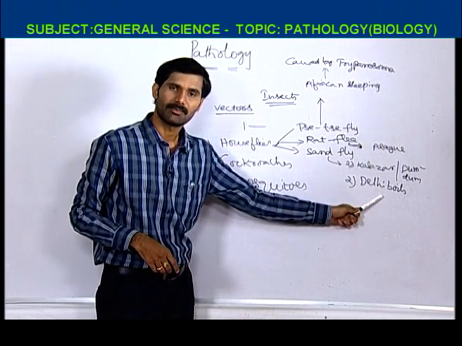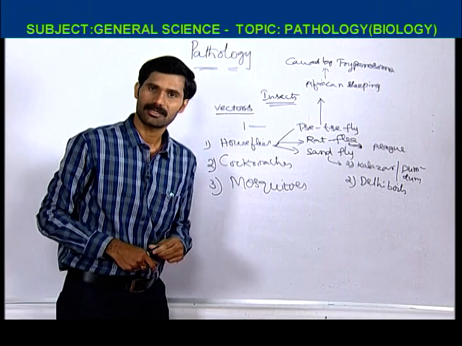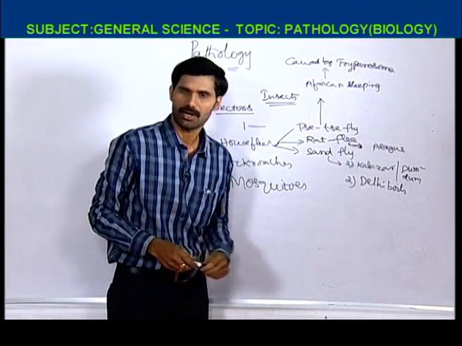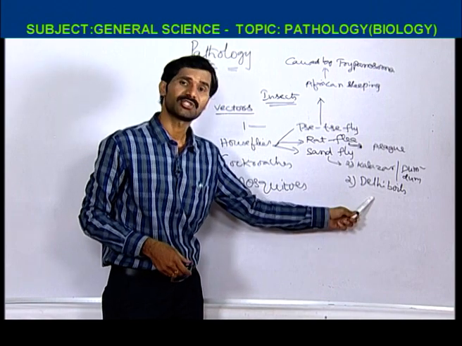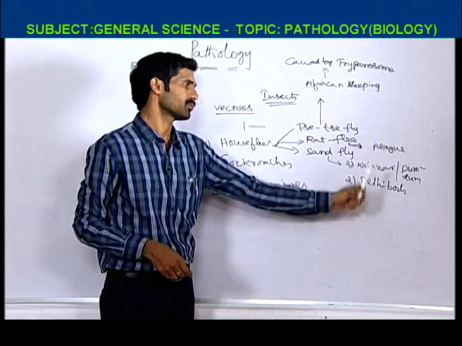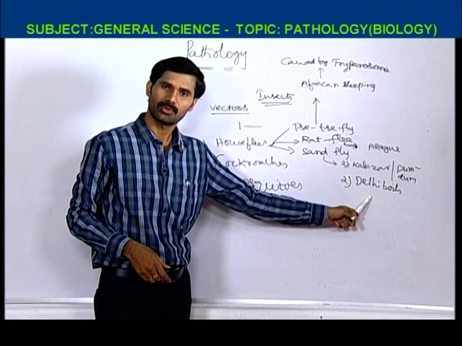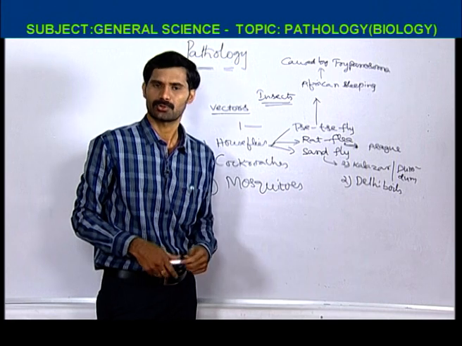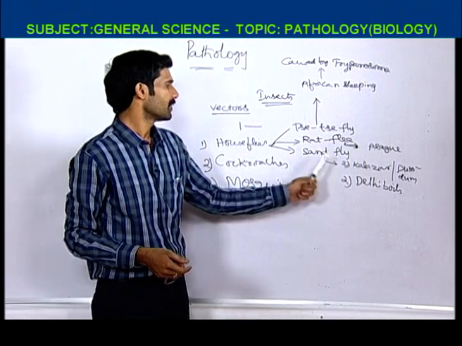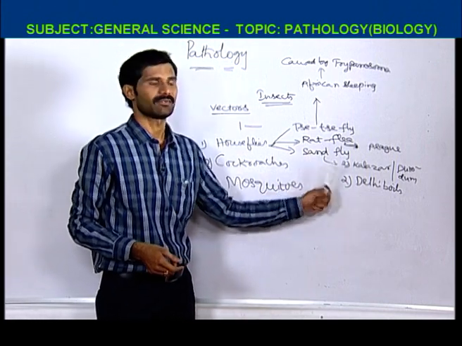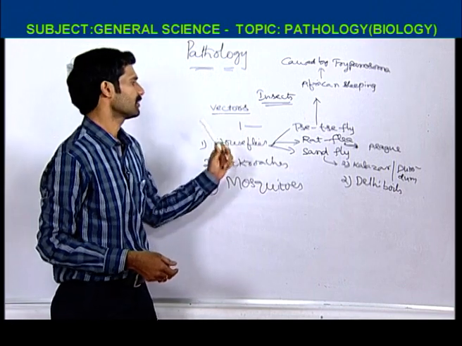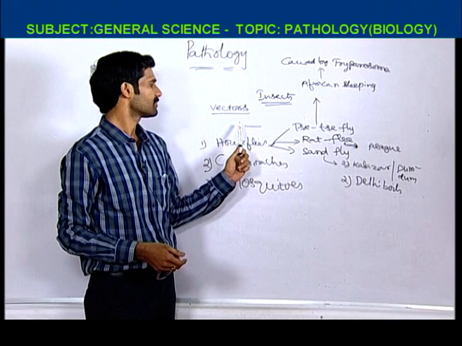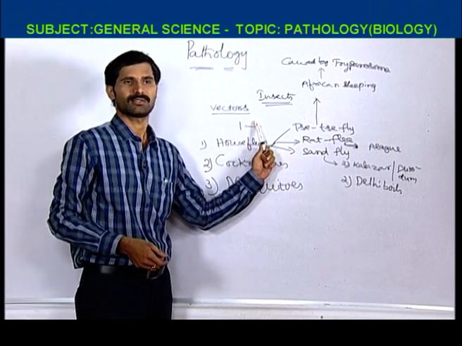Delhi boils, also called Tashkent ulcer or oriental sores, are caused by Leishmania tropica, a protozoal parasite, but spread by sand fleas. Vectors are the organisms, usually insects, which spread diseases from one person to another person.